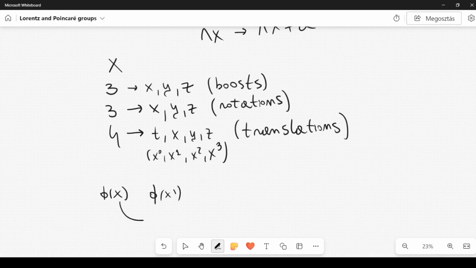And what is the relation between x and x prime? It is simply given by a Lorentz transformation. So we use a properly defined matrix lambda. We use this transformation, and our theory should remain invariant. So it means that it should preserve the same form in 2 distinct reference frames.